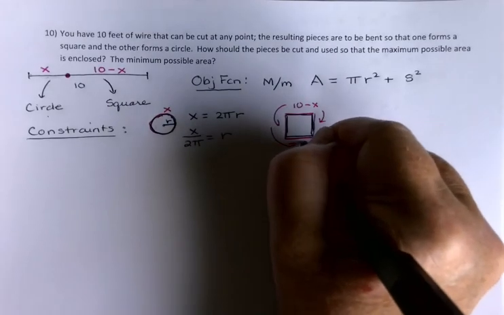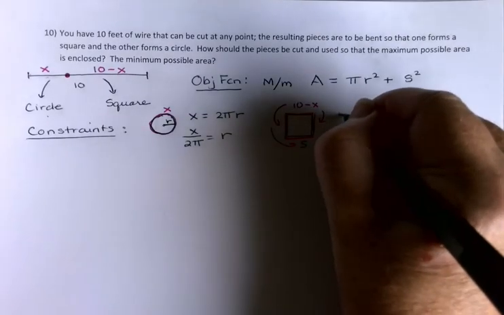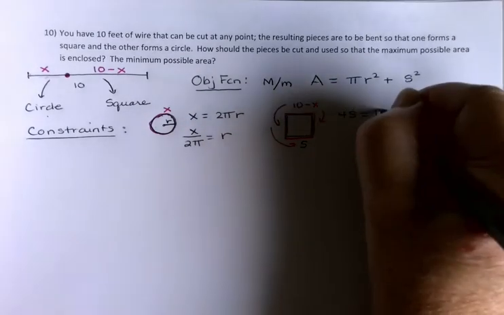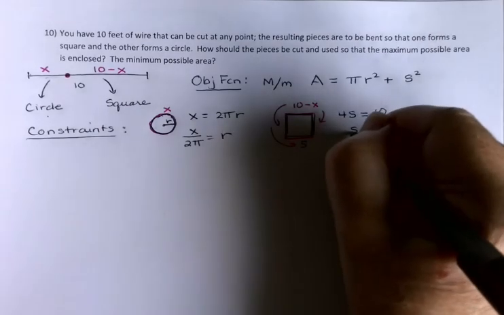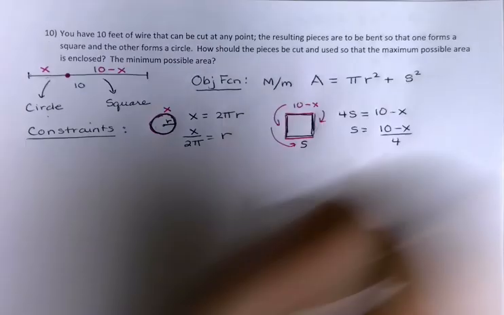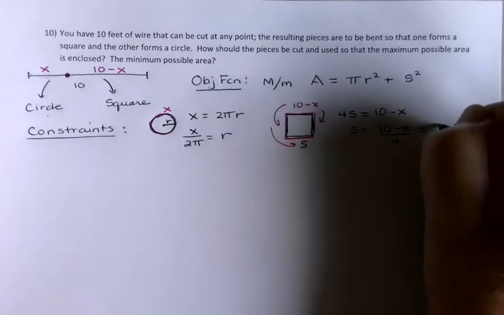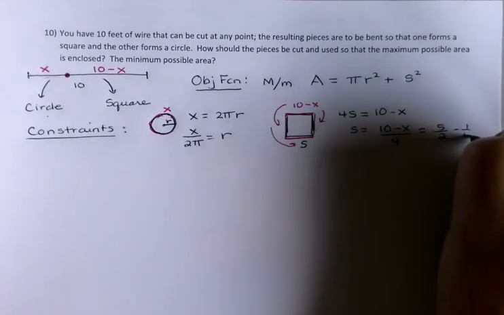If one side is s, then I can write that the perimeter of the square is 4s, and that has to equal the entire perimeter, 10 minus x. So s would be 10 minus x divided by 4, or I could rewrite that as 10 fourths is 5 halves minus a fourth x.